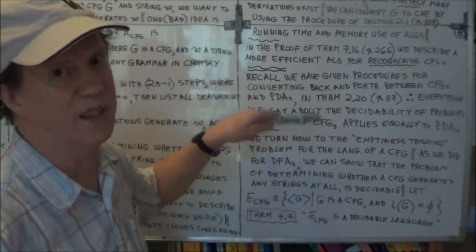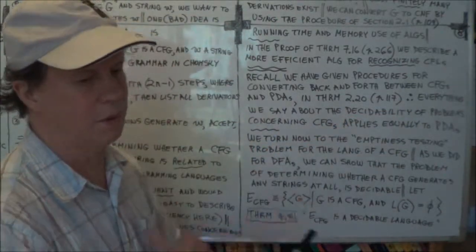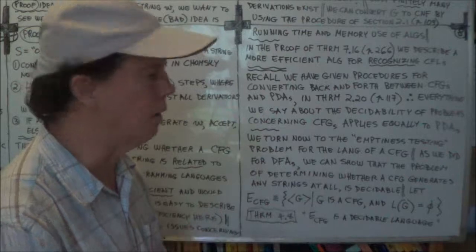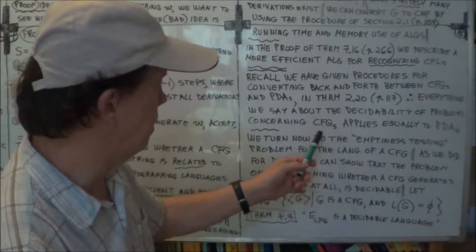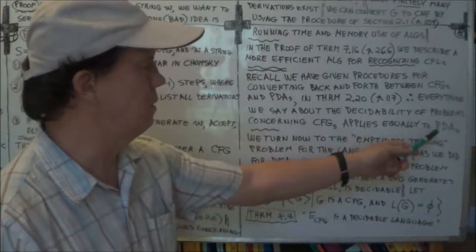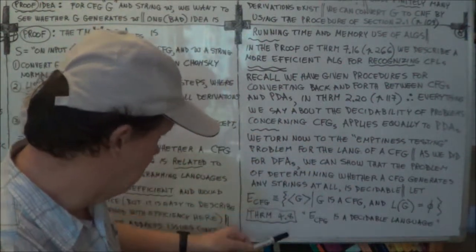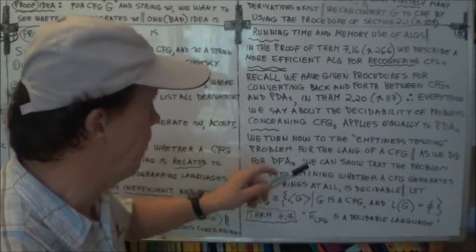So we don't have to go through all that effort, because these two are interconvertible. Whatever you say about grammars, you can say about PDAs equally. All right. So then we get to the next theorem.